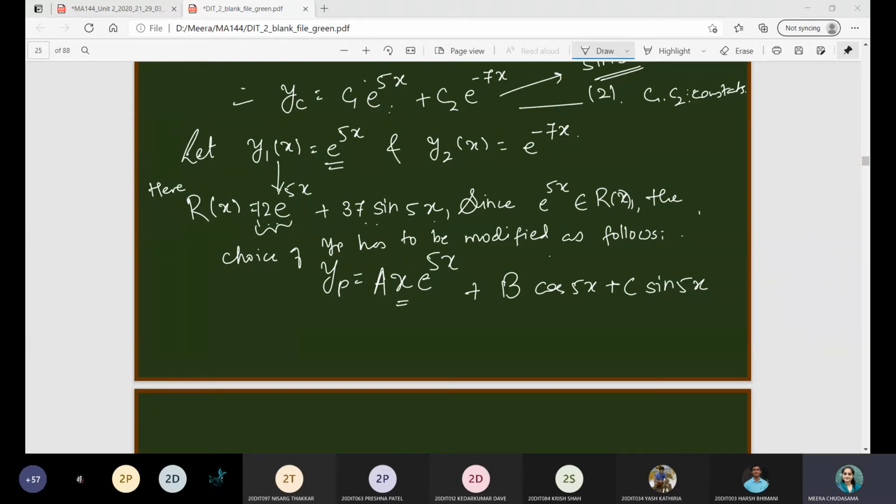Yes, anyone having answers of constant quantities A, B, C? You have to be very careful in these derivatives. You are still doing? You want some more time to complete it?